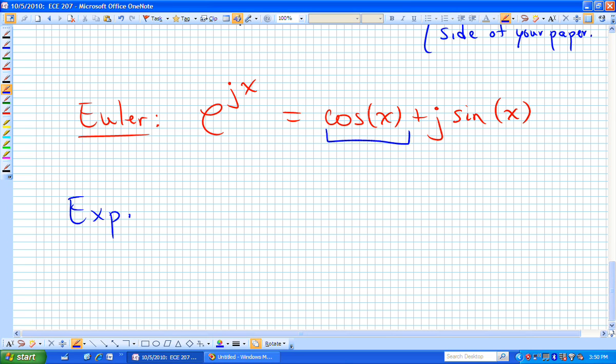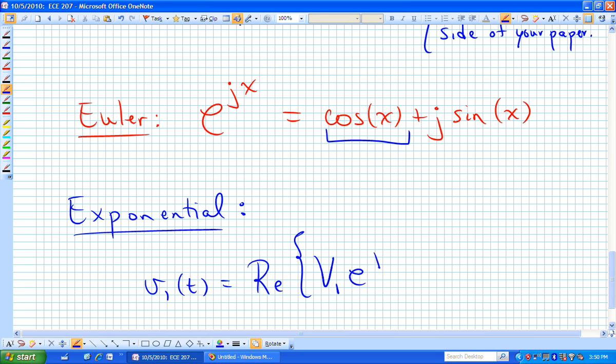Meaning, if I want to write that, not as a phasor, but in an exponential form, a time domain sinusoid, I could say v sub 1 of t is actually the real part of V1 e to the j (omega t plus theta 1).